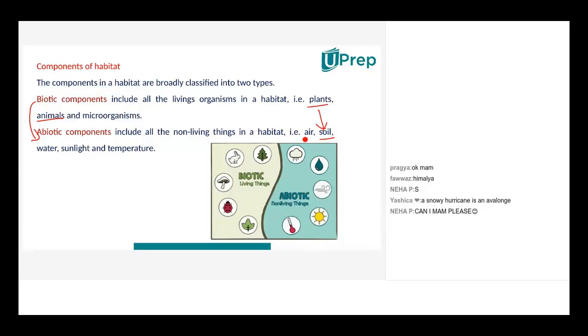If there were no air, no soil, no water, no sunlight, there would be no plants. And if there were no green plants, then no living organism would have survived. Correct? Ma'am, can I tell something like, if abiotic components are not there, then there is no use of biotic components.